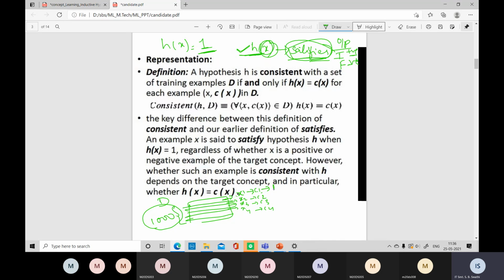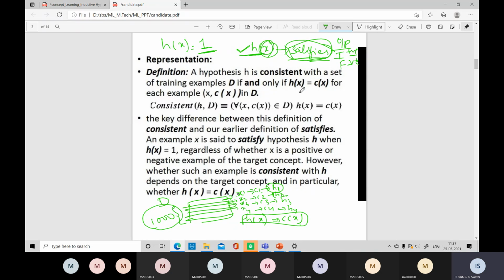Based upon these two things, we generate some hypothesis h1, for the second row h2, for the third h3, and so on. These hypotheses we represent as h of x. And for a given h of x, the outputs c1, c2, c3 we represent as c of x. H of x is derived based upon c of x. That is the meaning of this.